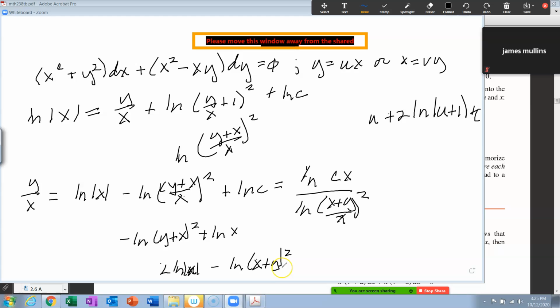Okay, and I think this has a c in it, 2c. Okay, and this is equal to y over x.